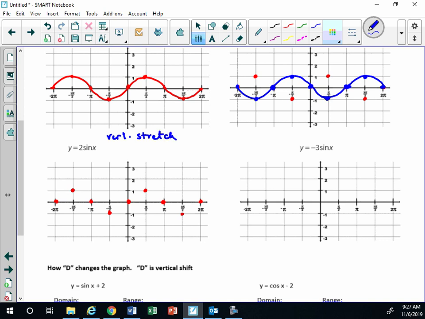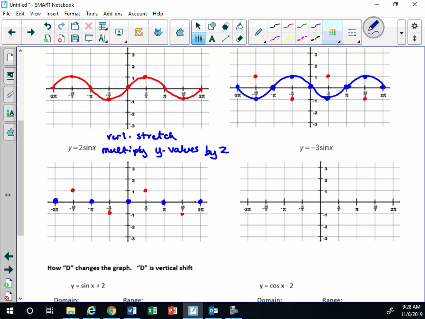What you're actually doing is multiplying y values by 2. It's also a change in your amplitude. So again, those points that are on the x-axis, that are at 0, are they going to change when they get stretched? No. So those are going to be the same. What about the points at +1?